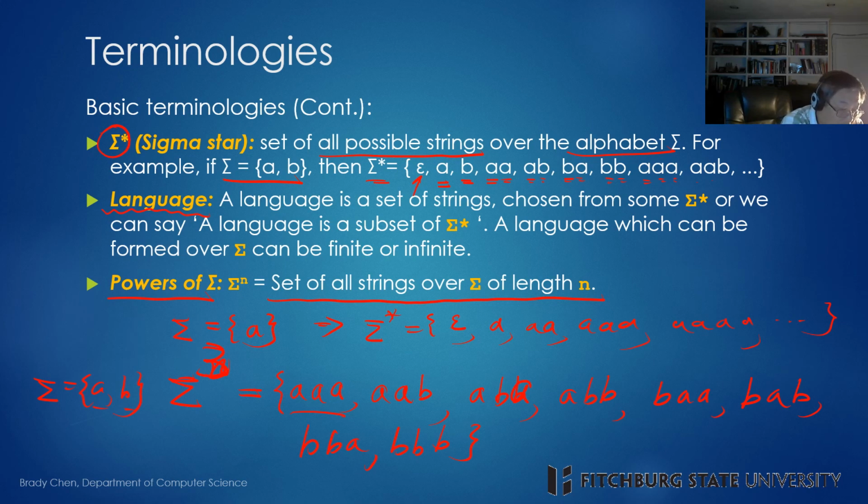So how many items do we have? 1, 2, 3, 4, 5, 6, 7, 8. So sigma cubed contains 8 elements, where each element is a string of length 3.